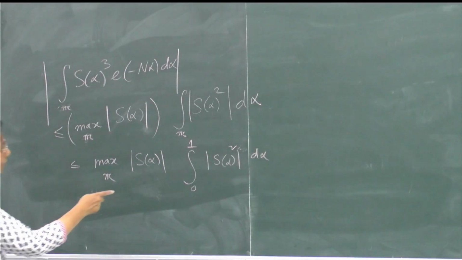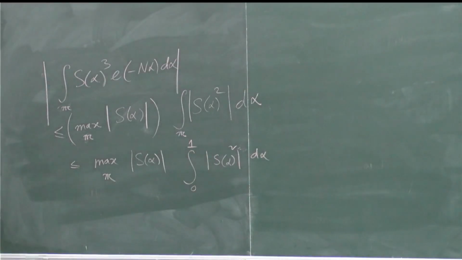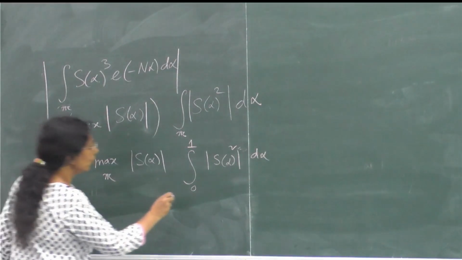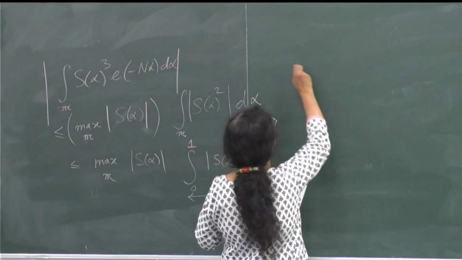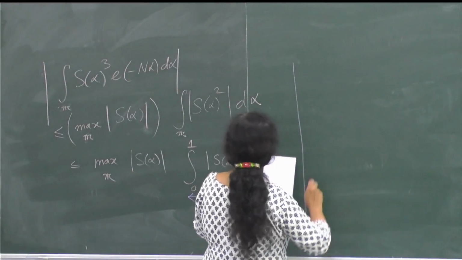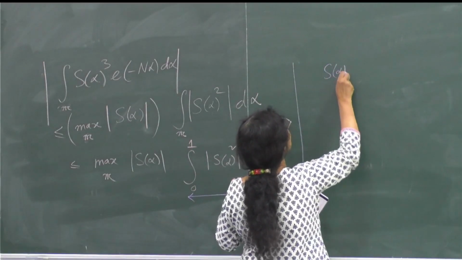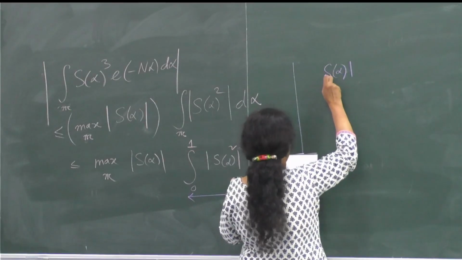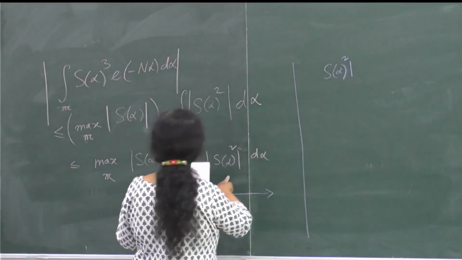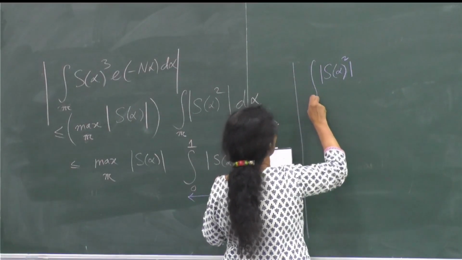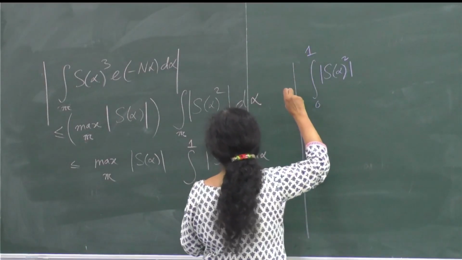Now we are going to look at the square. What about the square? How do you define this? S of alpha square, that's this one, between 0 and 1, d alpha.